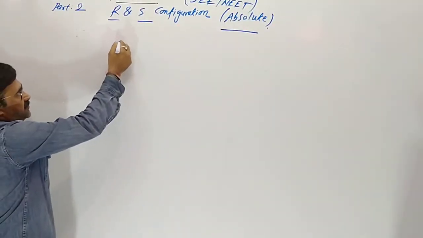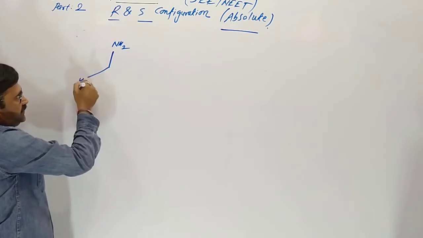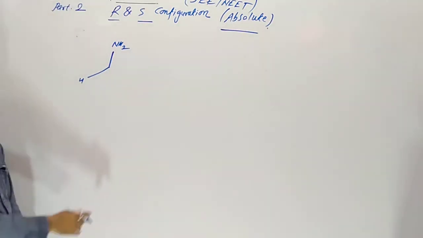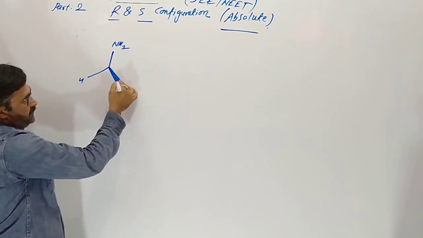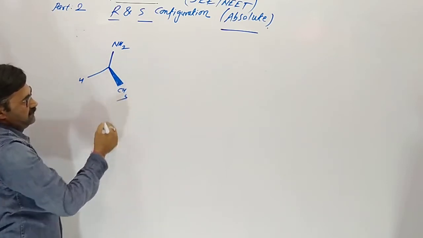Here is NH2, here is H, here is CH3, and CH2, CH3. Yes. First step, we have to define the chiral carbon. This one is the chiral carbon.